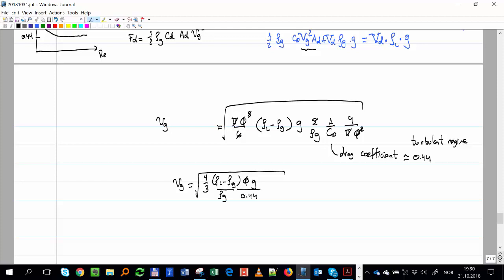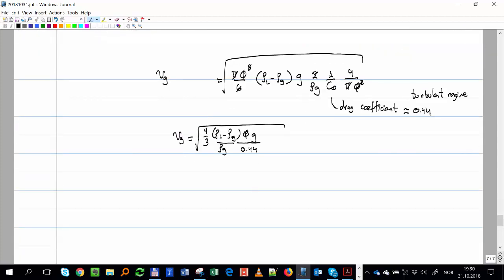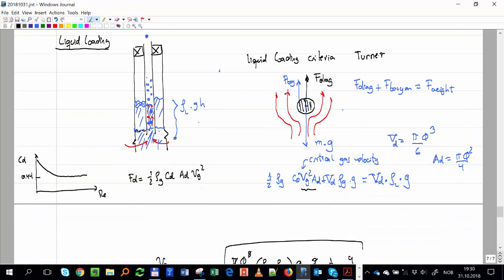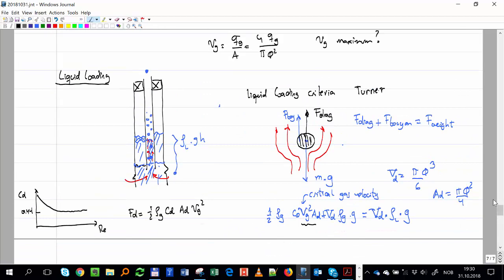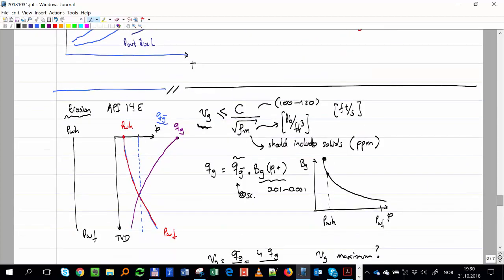Now we have a big problem here, something that is a very big unknown: the density of the liquid and the density of the gas. If we have the pressure in our well, we can calculate the density using the real equation of state.